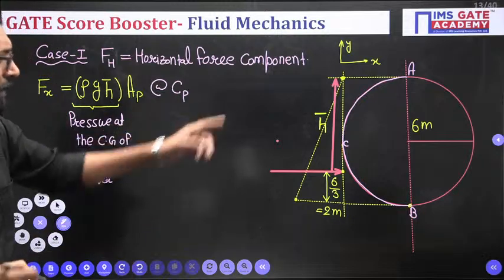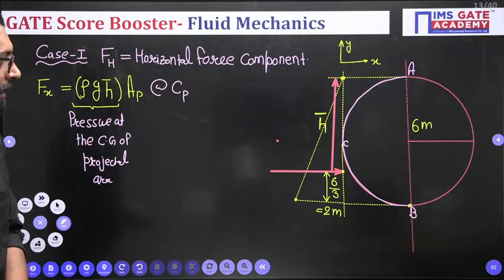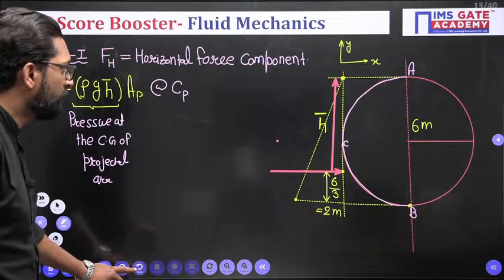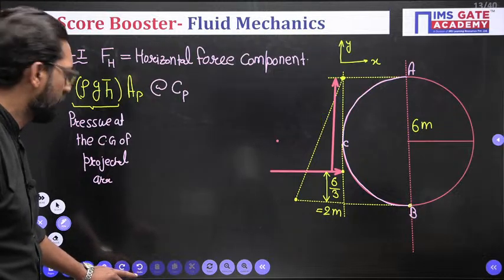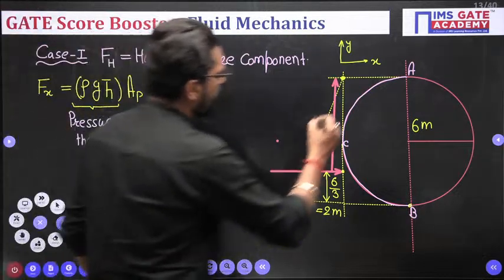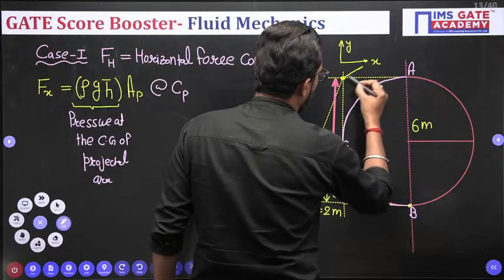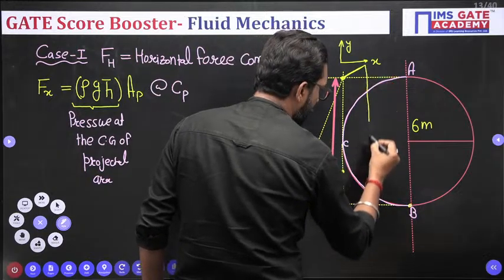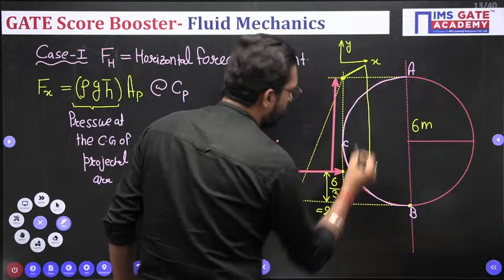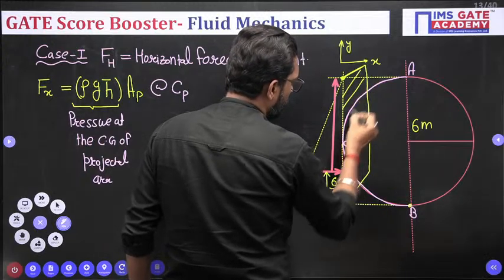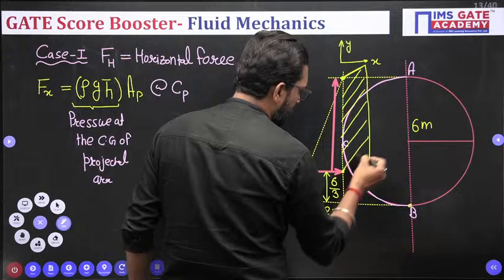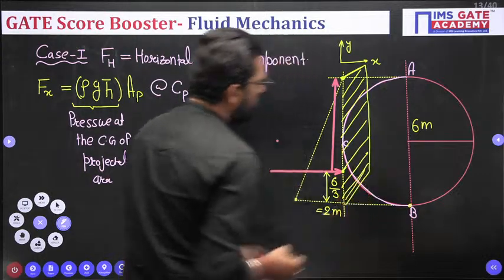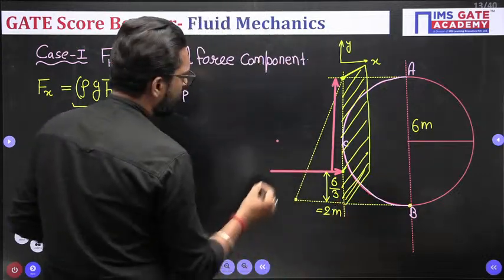Now, here we have to take the projected area. This is not h bar. If you take the projected area, it is like a rectangle. What is the area of this projected area?